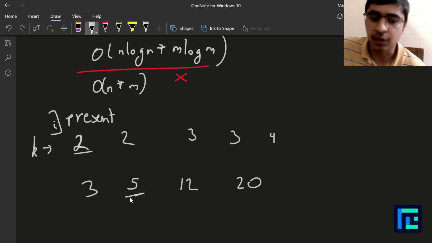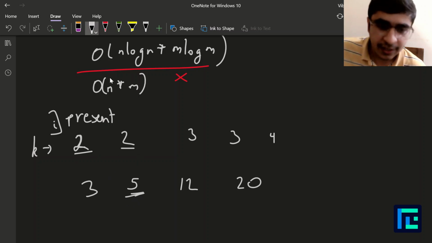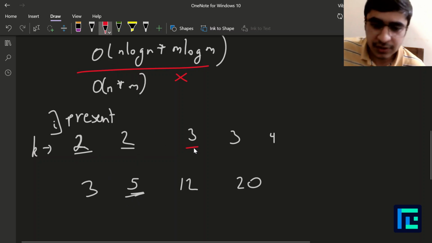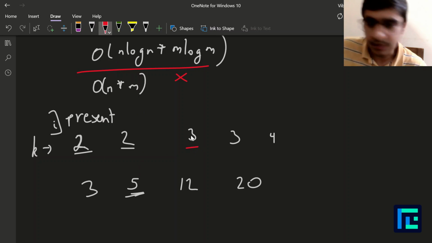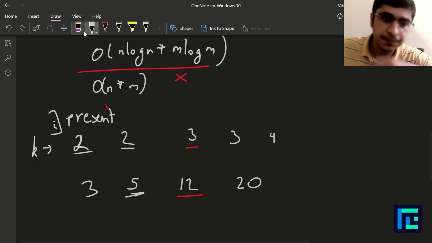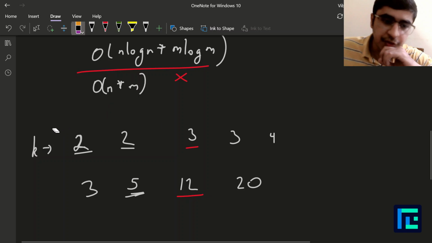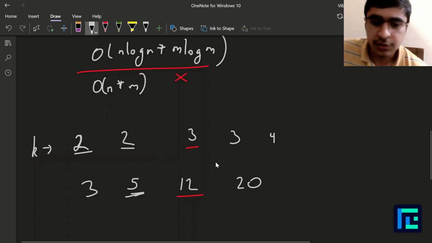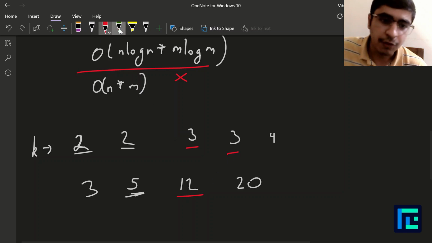That is, I can give them $5, right? Second person, again, I can give $5. Then the third person, that is after sorting, I can give them $12 if I'm looking at the second condition, right? So for the third person and the fourth person, I can give them $12, and for the fifth person, I can give him $20, right?